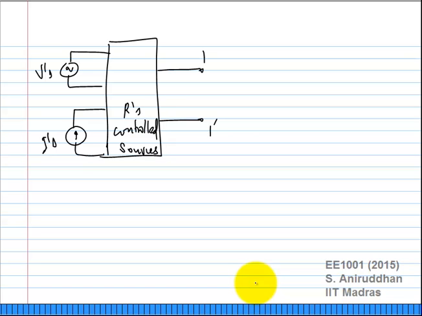What does the Thevenin equivalent consist of? It consists of a series combination of a voltage source and a resistance. What is the value of the voltage source? What is V Thevenin defined as? It is defined as the open circuit voltage across 1 and 1 prime.